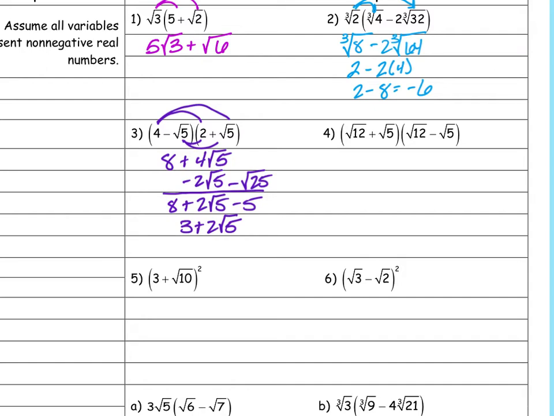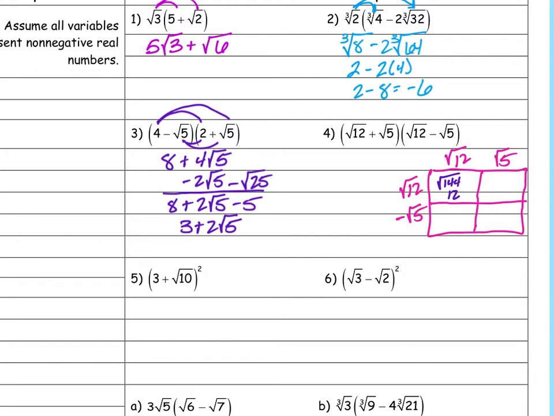Awesome. So we're going to do the same thing for number 4. You can also multiply these out using the little box method if you want, right? I want to do them both ways so you guys can decide which way you like the best. It doesn't really bother me either way. So I've got the square root of 12 plus the square root of 5 and the square root of 12 minus the square root of 5. And then this is the square root of 144 or 12, right?